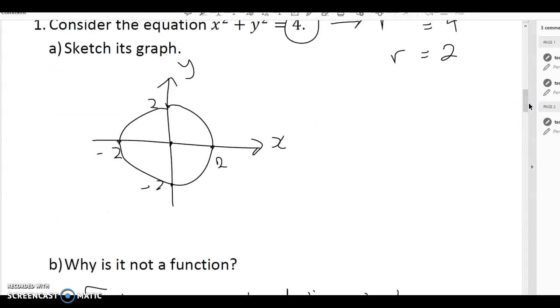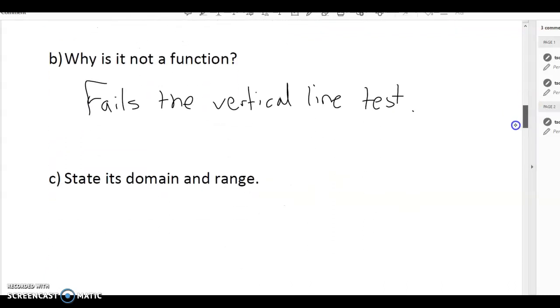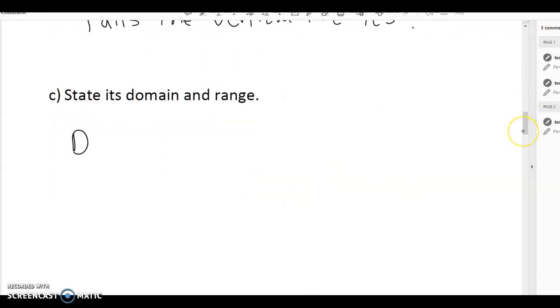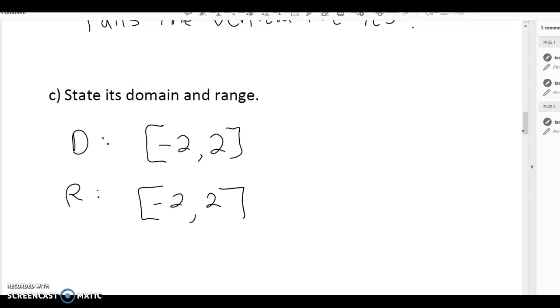We can see that the domain goes between minus 2 and 2, and the range also between minus 2 and 2. So the domain is going to include minus 2 up to 2, and the range is going to be the same. So fairly limited scope for the x and y values.